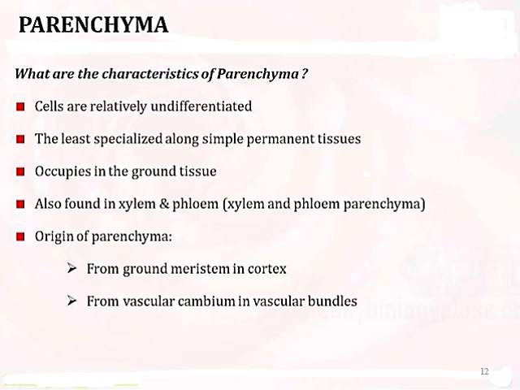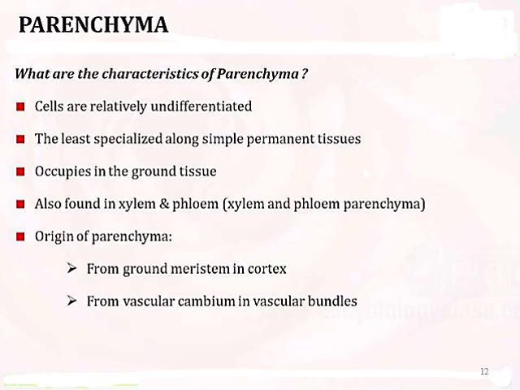As far as distribution is concerned, a large portion of all plant organs is occupied by parenchyma, as I already told you. As concerned with the origin, the parenchyma cells present in the primary plant body, such as pith and cortex, originate from the ground meristem, while the procambium and the cambium give rise to xylem and phloem parenchyma of the primary and the secondary conducting tissue respectively.